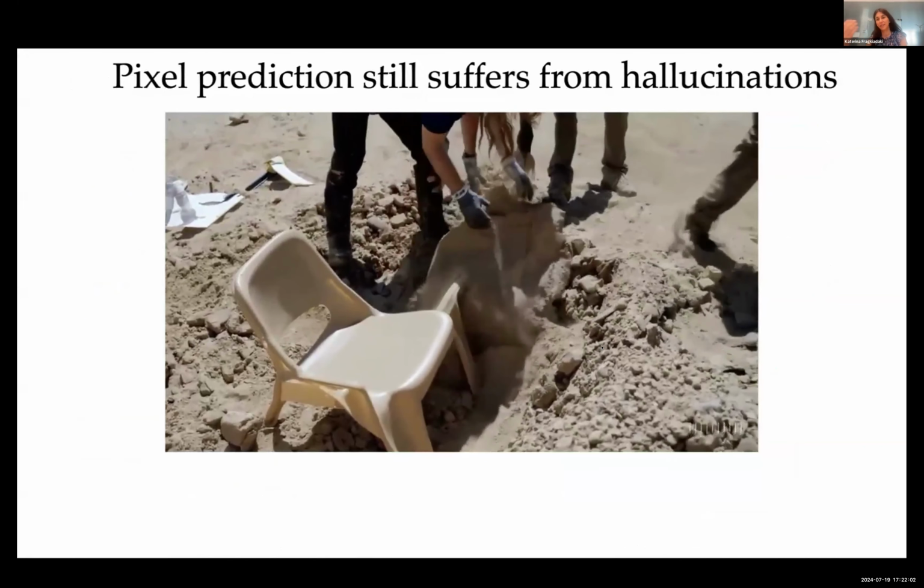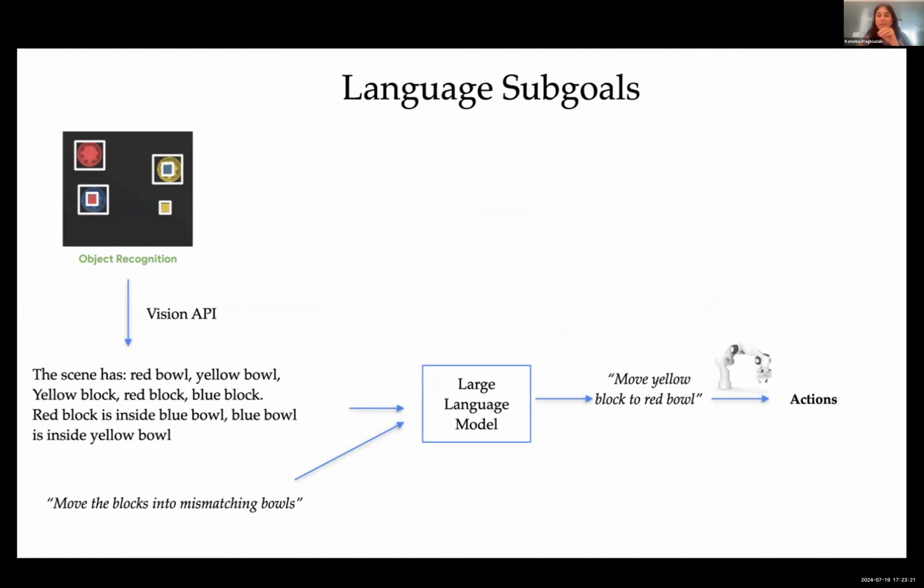Another solution that researchers really like is to go from a complicated instruction, like move the blocks into mismatching bowls, into other less complicated instructions. So they consider sub-goals in language space. Language models have been absolutely phenomenal at breaking longer instructions into reasonable sub-goals.